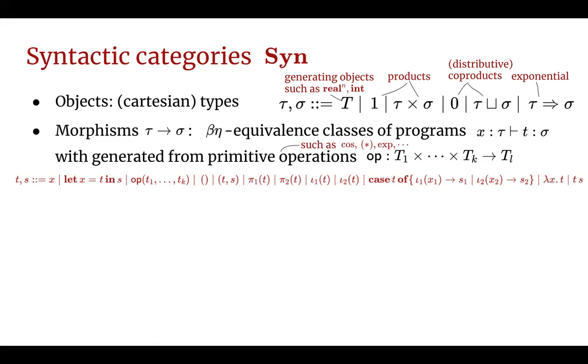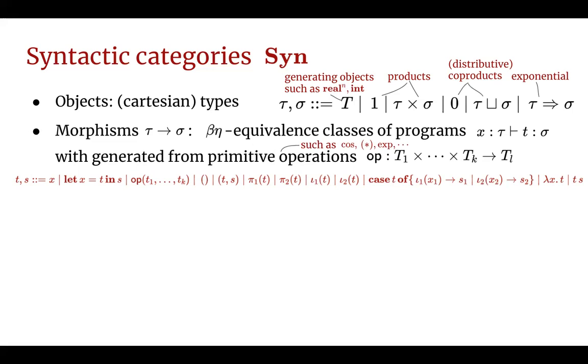Okay, and we'll see that these programs are generated from certain basic building blocks, namely the primitive operations that we add to our language that are operations that we can perform on our primitive types. So things like cosine and exponential, multiplication of real numbers, the basic building blocks that we add to our language that we then are going to specify how you differentiate.